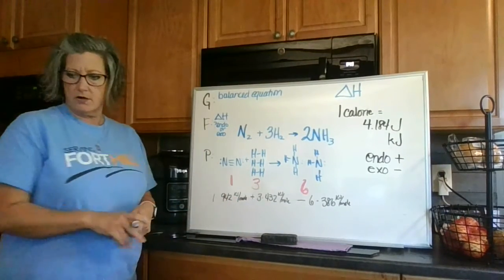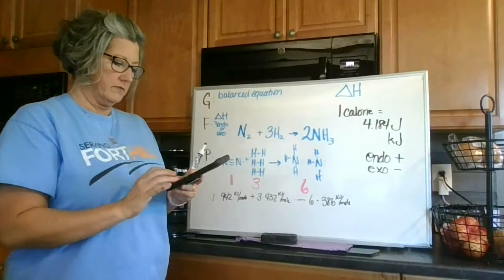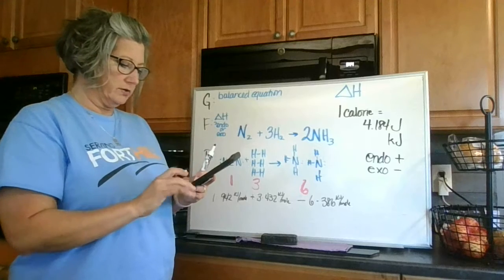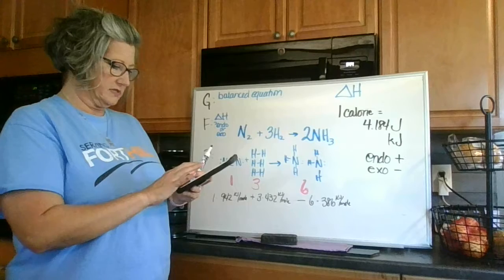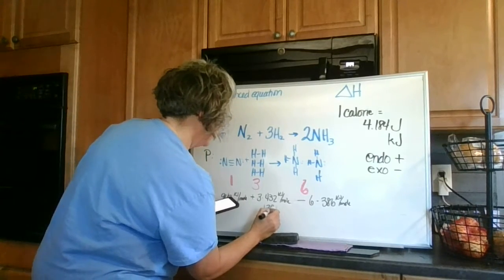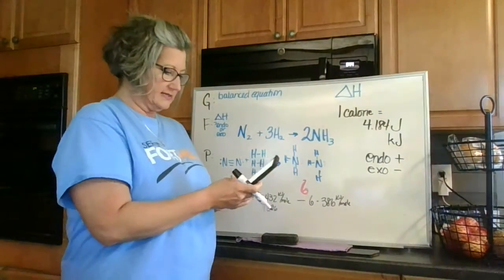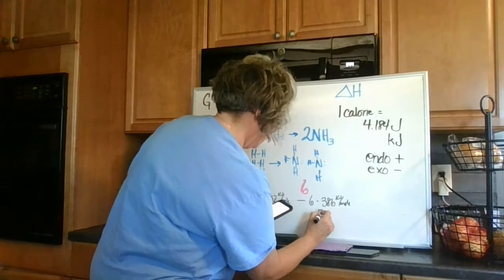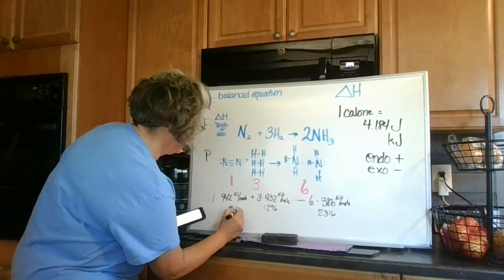Okay, so now I'm going to pull out my handy dandy calculator. And I've got 942, wait a minute, 3 times 432 equals 1296. 6 times 386, 2316, and then this one's going to be 942.